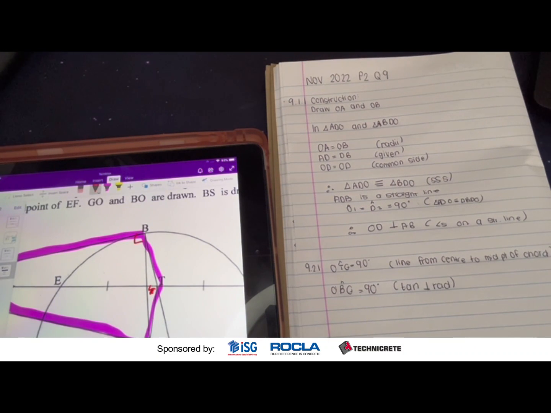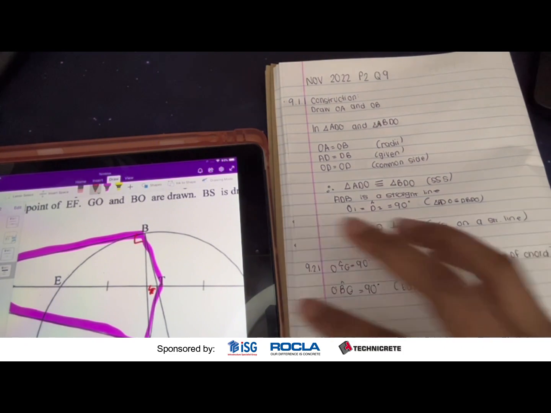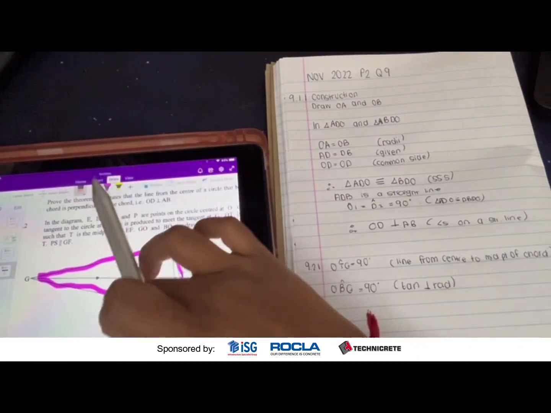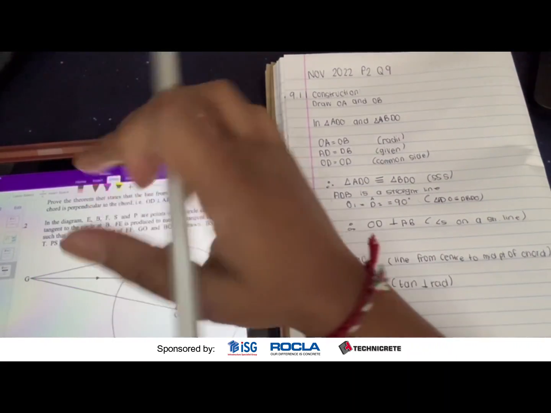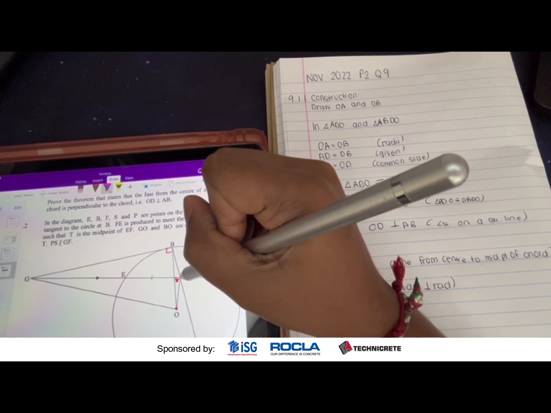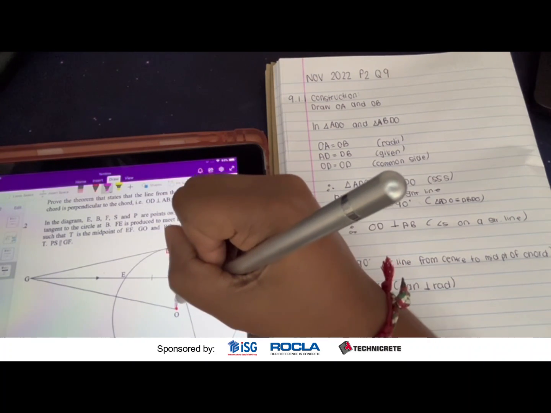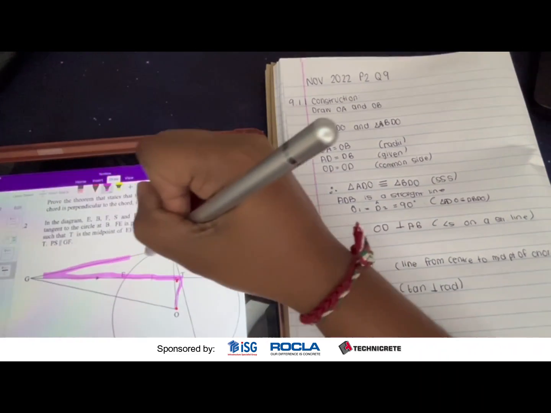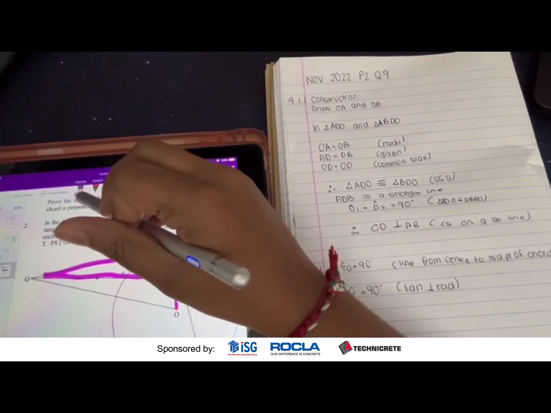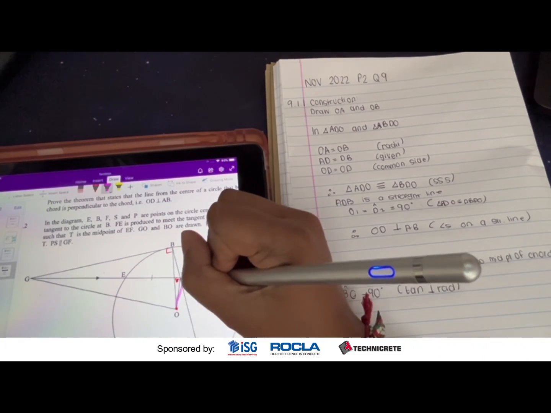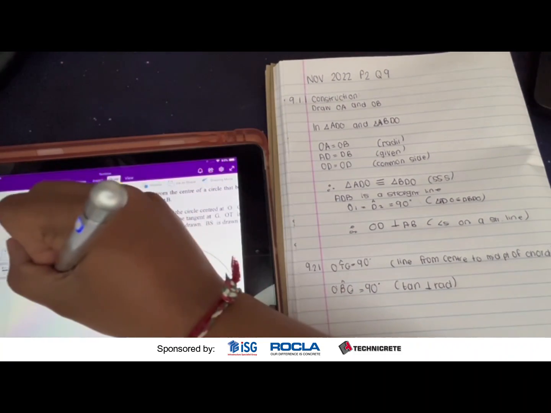Okay, now are these two in the same segment? Let's take a look. Let's take out this and let's see if we draw a segment. So here, yes, they are. If we look at this segment here, remember, for it to be in the same segment, it needs to be both on the same side, like at the bottom, or at the top.